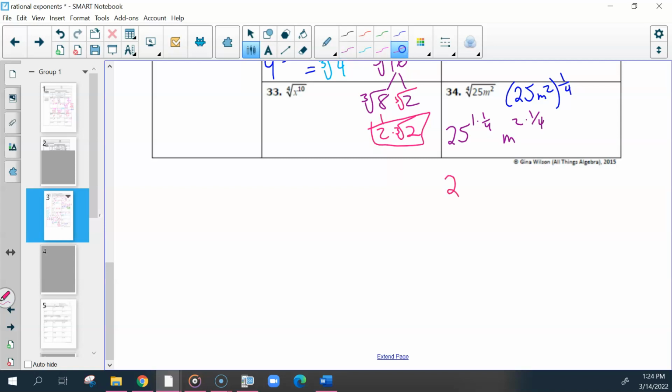That would become 25 to the 1/4 m to the 2/4, or 25 to the 1/4 m to the power 1/2. And then if we were to change both of these to radical form, we have the 4th root of 25 and the square root of m.